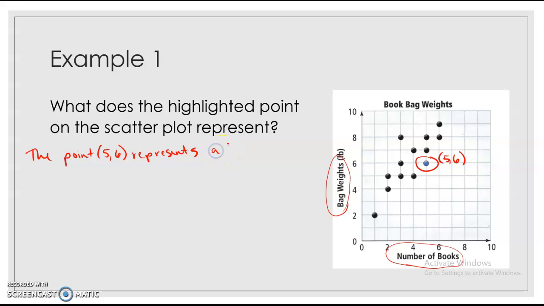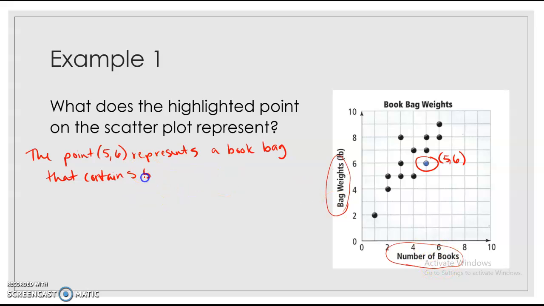a book bag, backpack, whatever you want to call it, a book bag that contains, so 5 is our X, which is number of books.